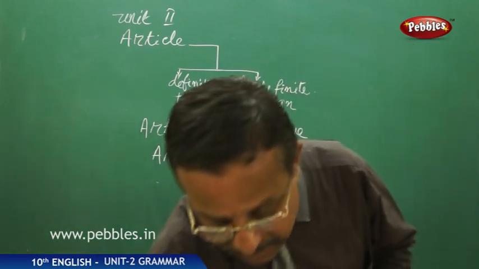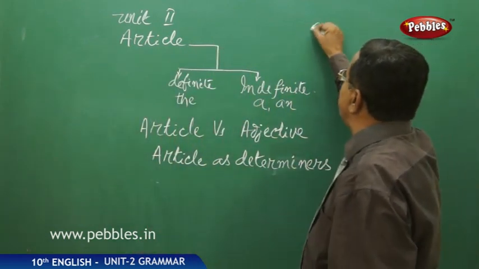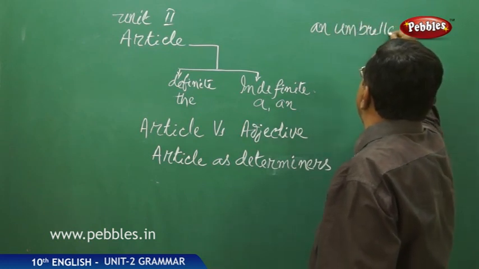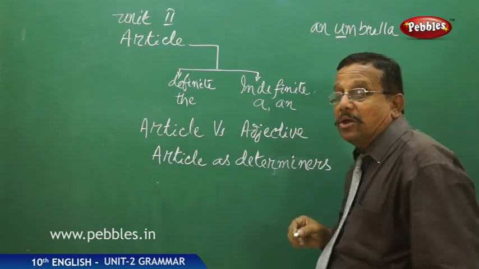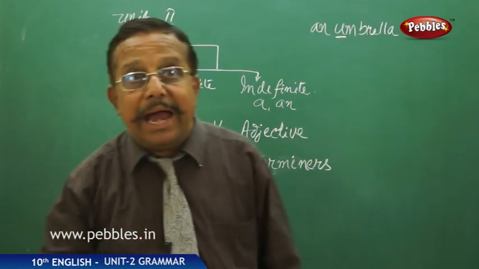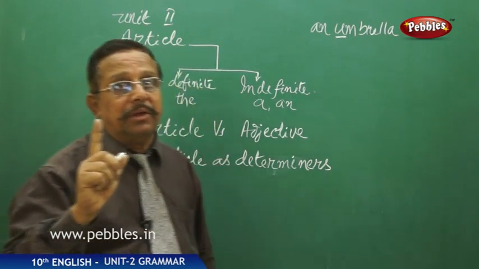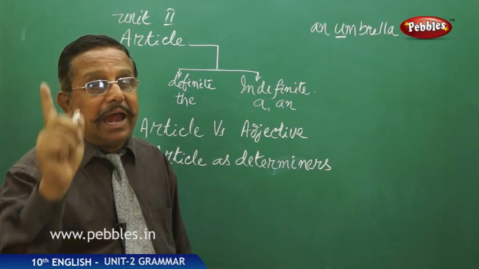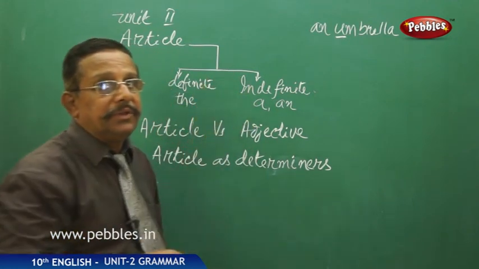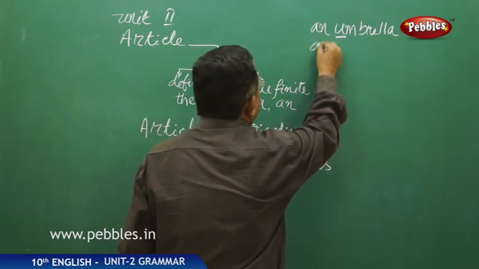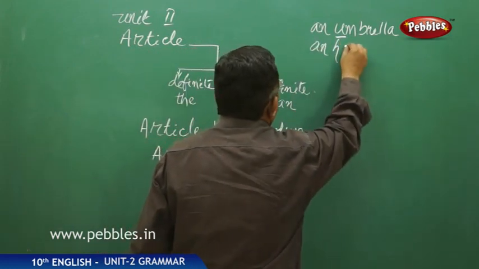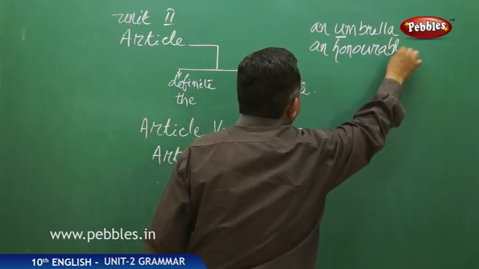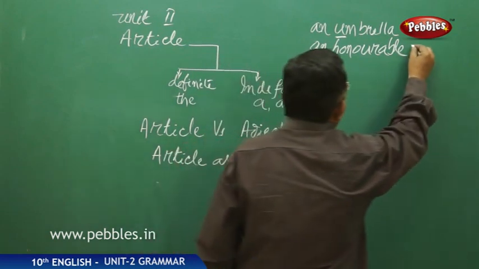When we say an umbrella, here we have to see the usage: you has come, and the sounding is a vowel sound. That is, the sound should be a vowel sound and the usage is vowel. Second, let us write one more thing. An honorable man.